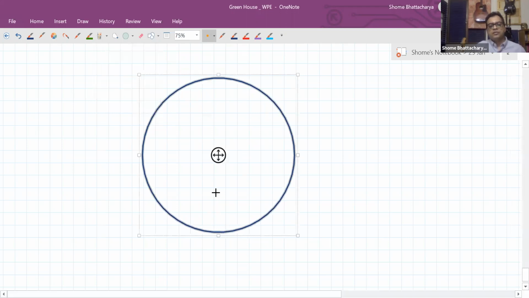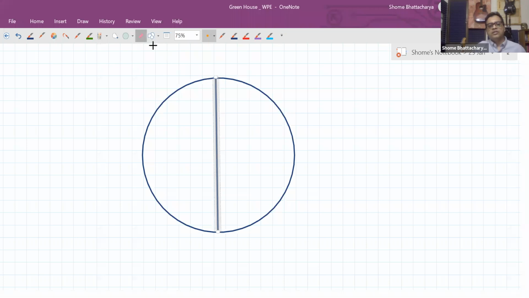Okay, so if we take the top view of this, in the first path, we're going directly from the point A to B via a straight line path.